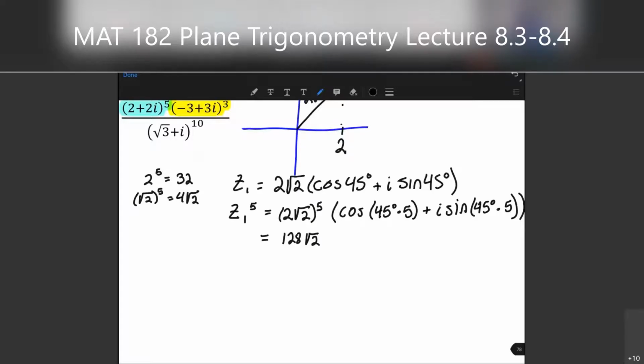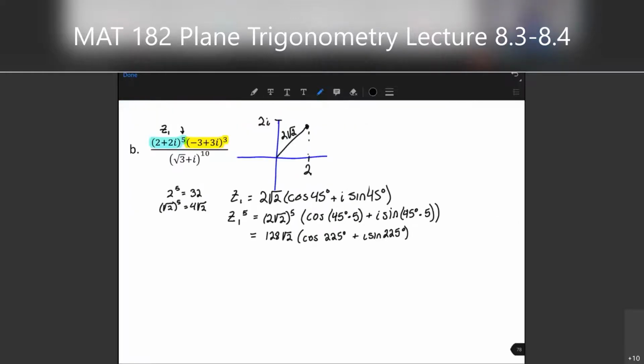What would we end up with as our new angle? Mm-hmm. 225. There is our Z1 to the 5th. So we'll leave that there.